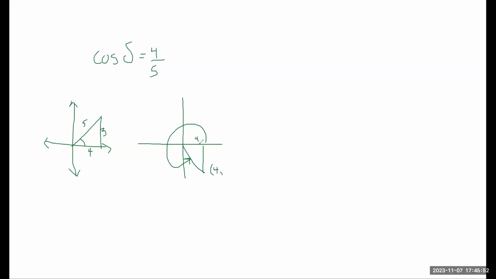My x is still 4, but my y in this case has me terminating in quadrant 4. There's the sweep of my angle, giving me some different trig ratios.